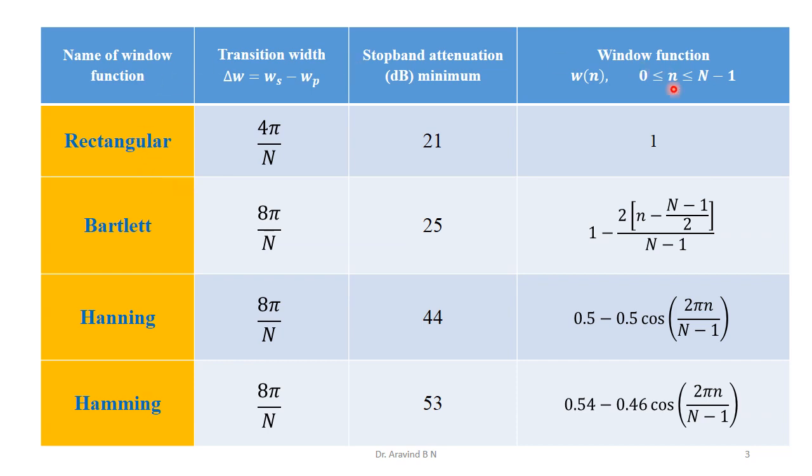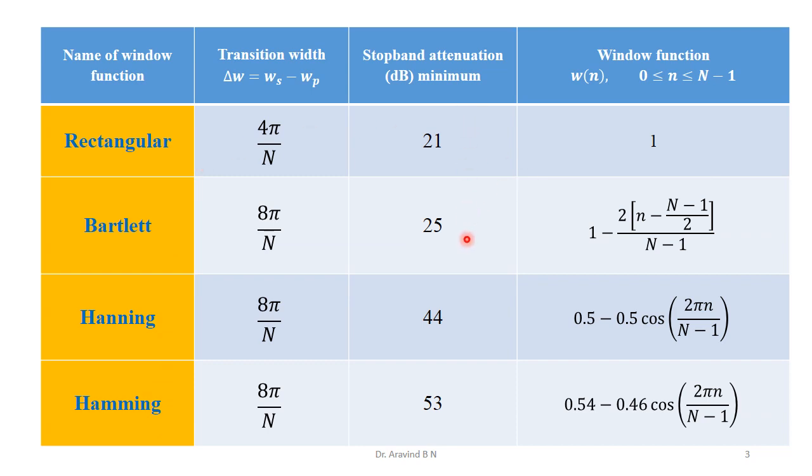So, this is what is concerned with the windowing technique. Four different types of windows are referred to: rectangular window, Bartlett window, Hanning window, and the Hamming window. With respect to problem solving, one has to remember this complete table.